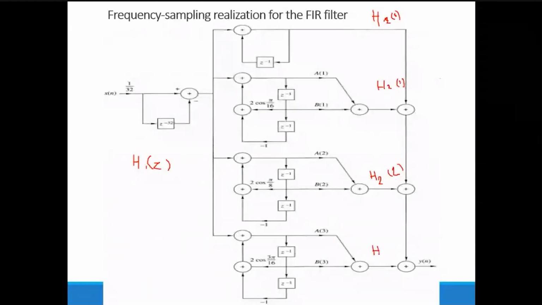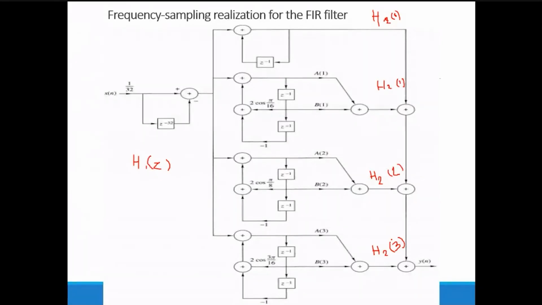So this way we are implementing this frequency sampling structure, or you can say the frequency sampling realization of the FIR filter. H1(z), then H2(z) is cascaded, where H2(z) is not in the normal form but is in the parallel structure. So this is how we obtain the equation, and this is how we realize the frequency sampling realization for the FIR filter.